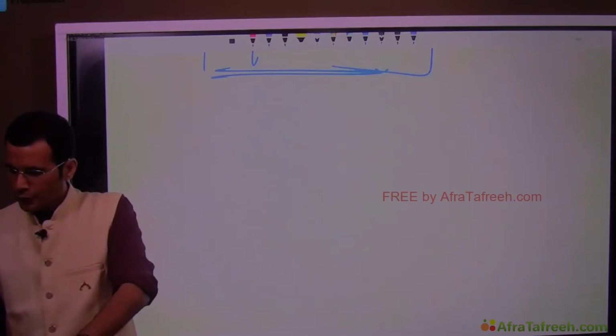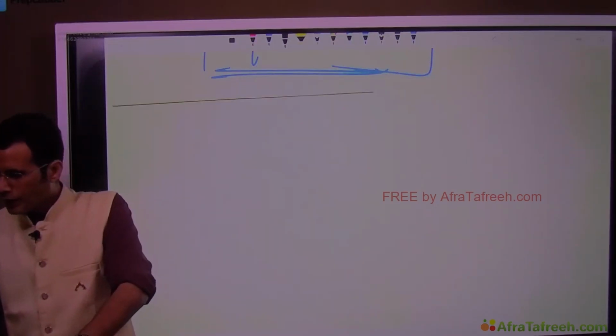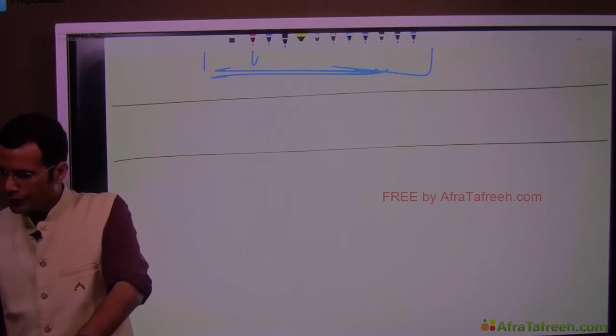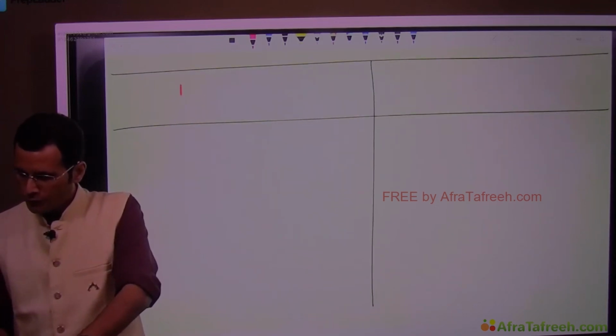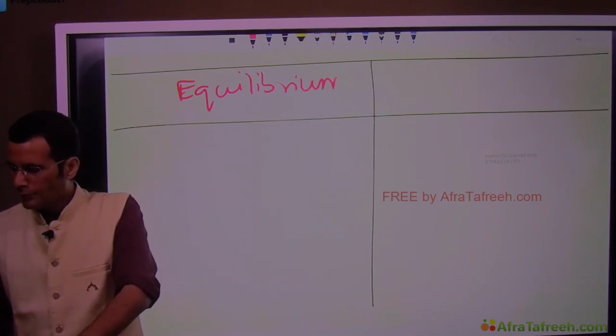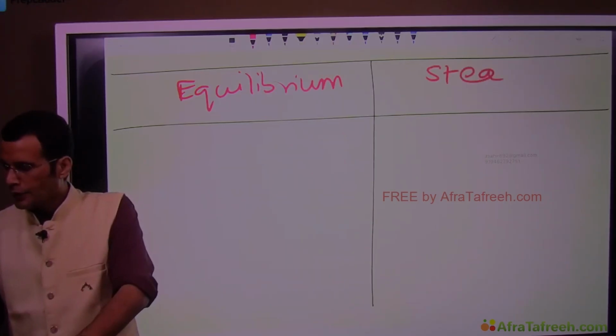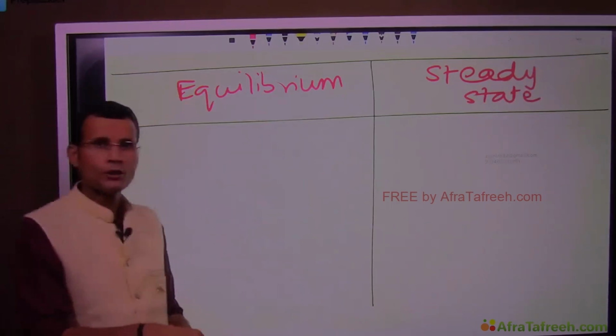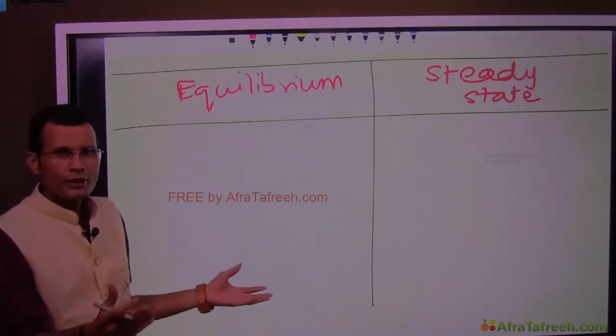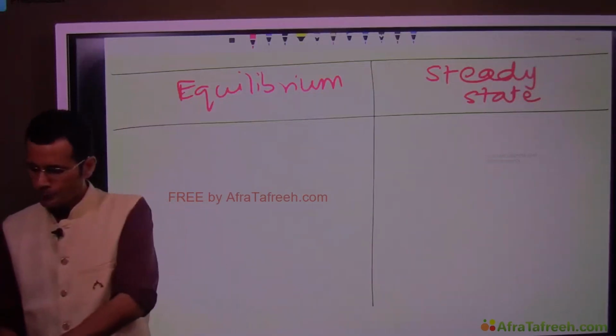Okay, let me also add a comparison of the two terms. The two terms which are commonly used are equilibrium and steady state conditions. You will come across these terms often in physiology. Let's take an example so that you will understand properly.